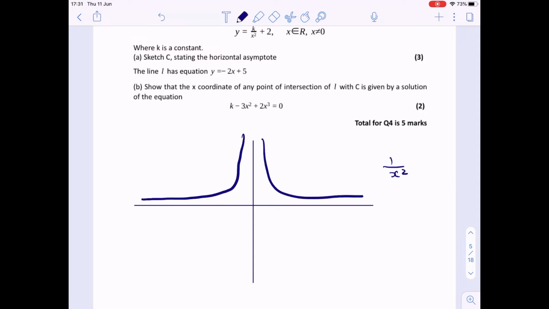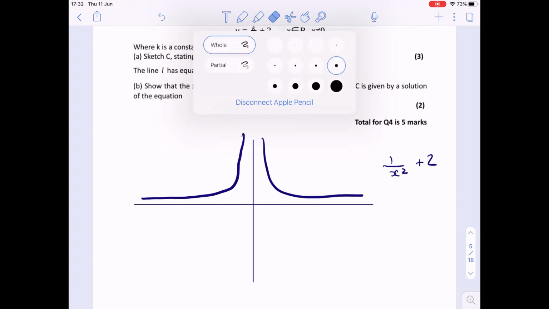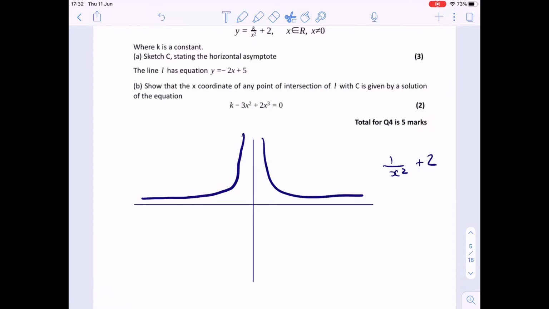Okay, and then if I add 2 to this, all that's going to happen is the graph is going to shift up 2. Okay, so what I'm going to do, actually, I'm going to cheat. And I'm just going to move my axes down.